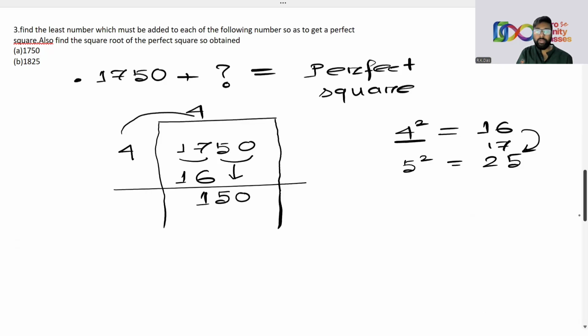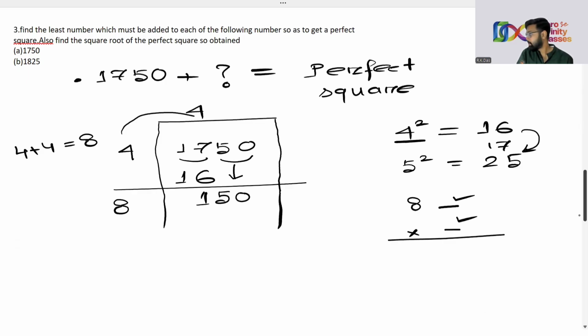Second step is we have to add 4 with 4. So if you're adding 4 with 4, that will be 8. So here I have to write 8, and then I have to write 8 here, then blank, then blank, then we have to take the same number so that the product will be less than 150. So first I'm taking 1. 1 times 81 is 81.